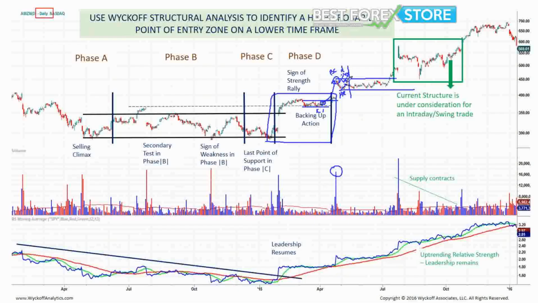So our bias has changed to up. And then the next day trading swing is going to be to the downside. So our bias is down here because we're expecting the secondary test to retest automatic reaction right here. And so on and so forth until you actually experience phase C.